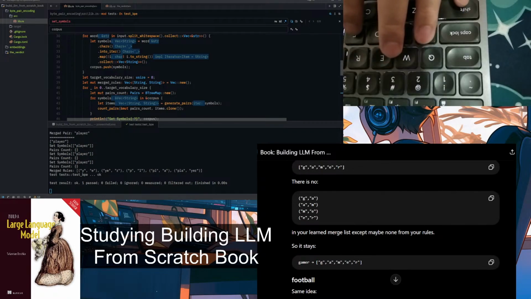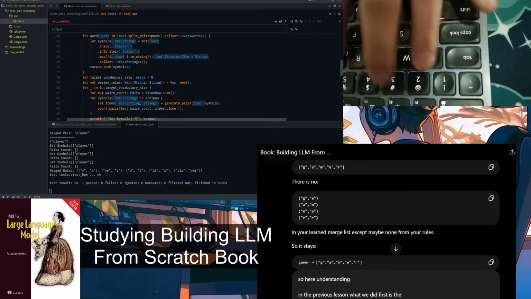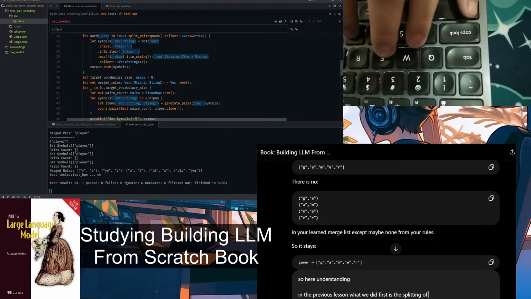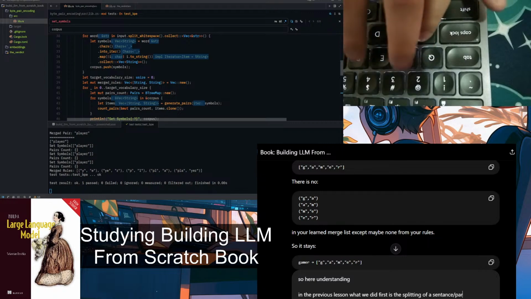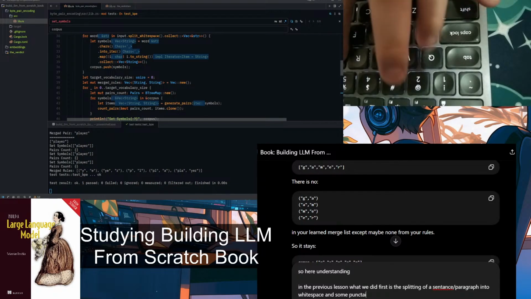Okay, so here is my understanding. In the previous lesson, what we did first was split a sentence or paragraph into white space, including the end, and remove some punctuations and symbols. Right?